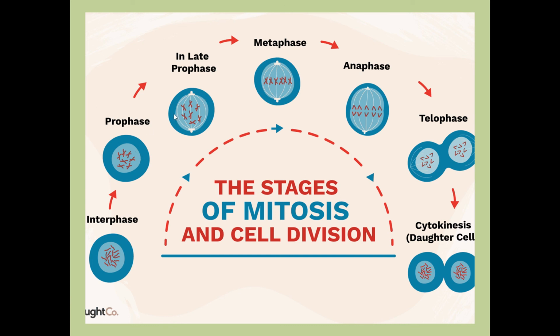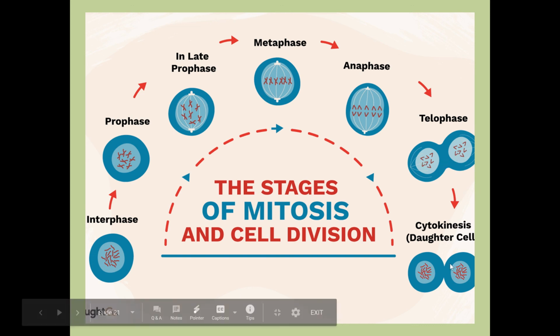And that is going to be a question on your assignment that you're going to be doing next class. Then we have metaphase, which is our second phase in mitosis, and you could see all of the chromatids lining up. Here we have anaphase, and finally telophase, which is when they are almost completely split. Cytokinesis is when they split completely.